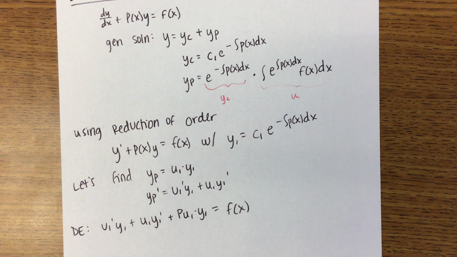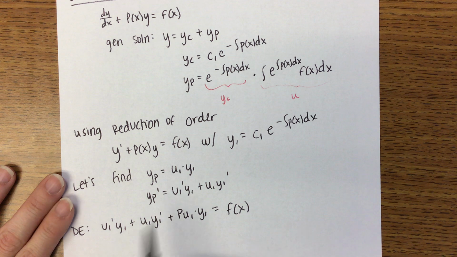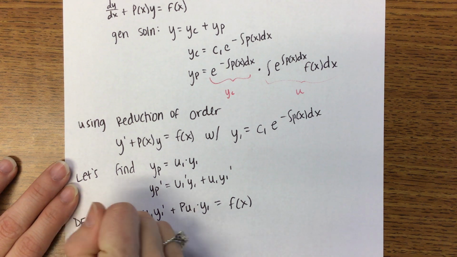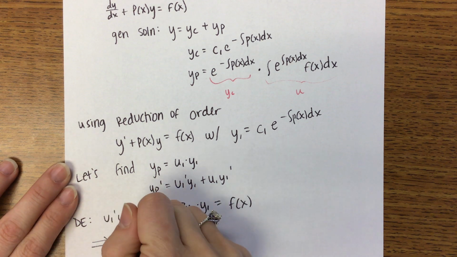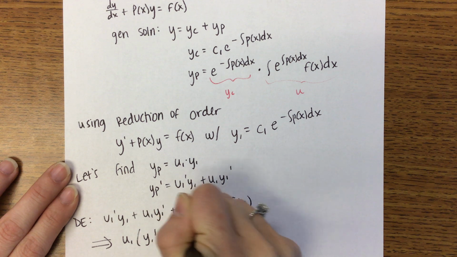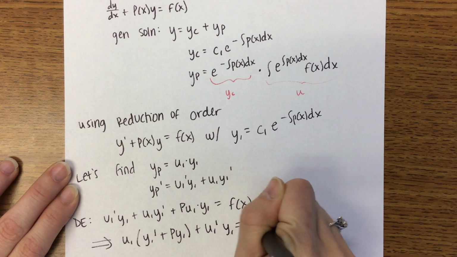Now we're going to move some things around. We have this u1 prime, so we get those u1 primes together and the u1s together. If I pull all the terms that have a u1 in it, we get u1 times y1 prime plus p y1, plus u1 prime y1 equals f of x.